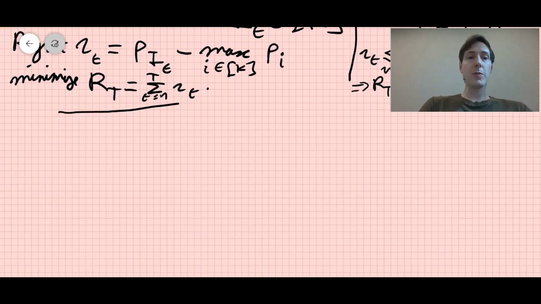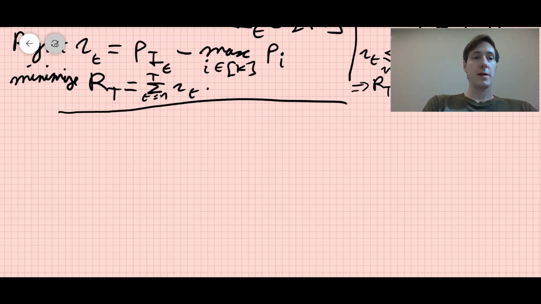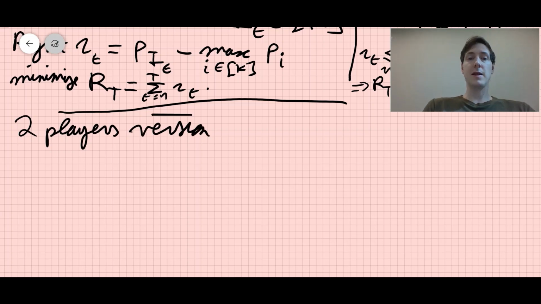Now, what are we going to be talking about today? We're going to talk about the two-player version of this. So it's exactly the same setting. You have Alice and Bob, and they each observe their own IID sequence.